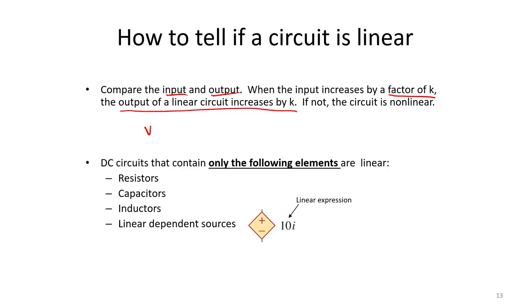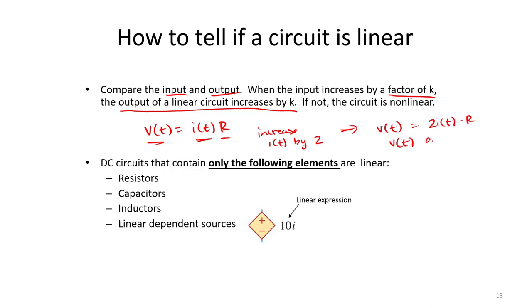So one example of this, suppose you had some voltage. Remember we talked about Ohm's law, right? Suppose our voltage is given by Ohm's law, V equals IR. In this case, if we increase I of t by a factor of 2, then we would see that V of t would be equal to 2 I of t times R, and V of t also doubles.